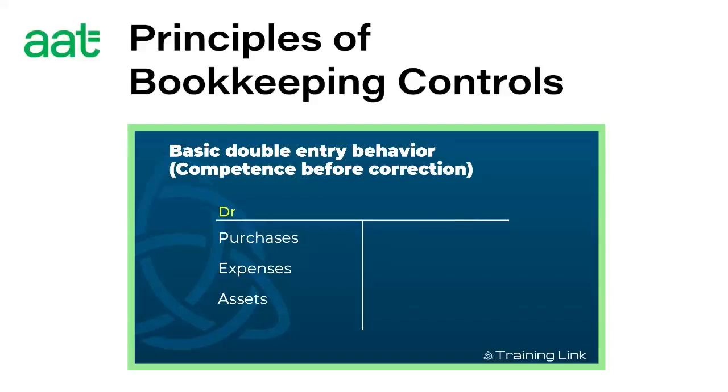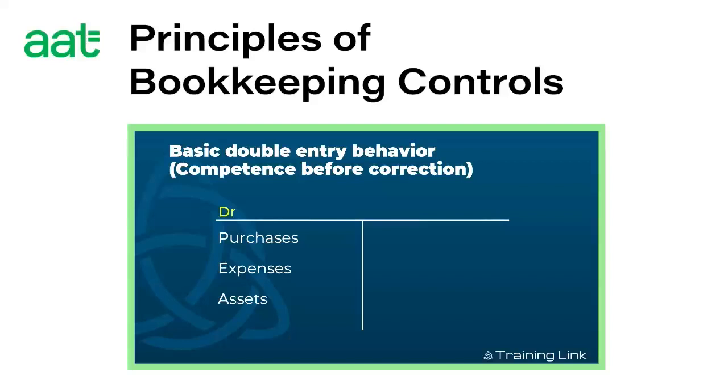Now, the problem with that is that when you then come to correcting errors, you almost put this barricade up, because every single account can be debited or credited. It's how accounts behave which is what's important. And using a tool like PEARLS or DEAD CLIC really helps to understand how they behave.